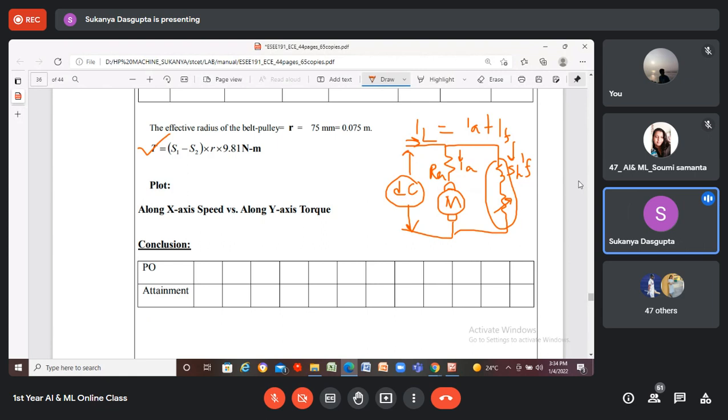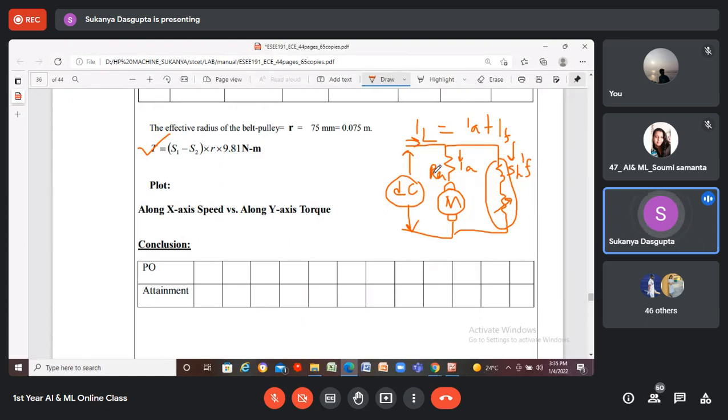But if the field winding gets its DC input voltage from the same source which is connected with the armature winding, the same separately excited motor will be called a DC shunt motor. So basically there is no difference between a DC shunt motor and a separately excited DC motor.